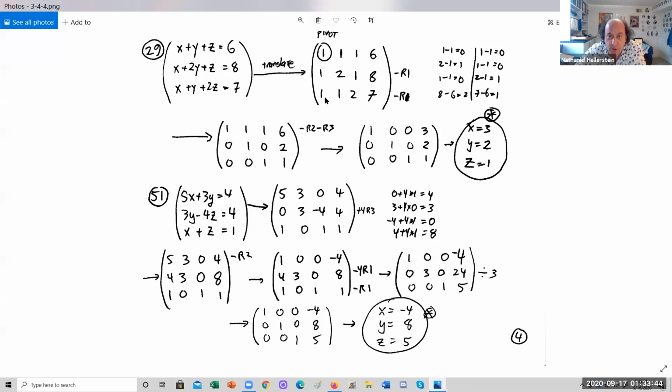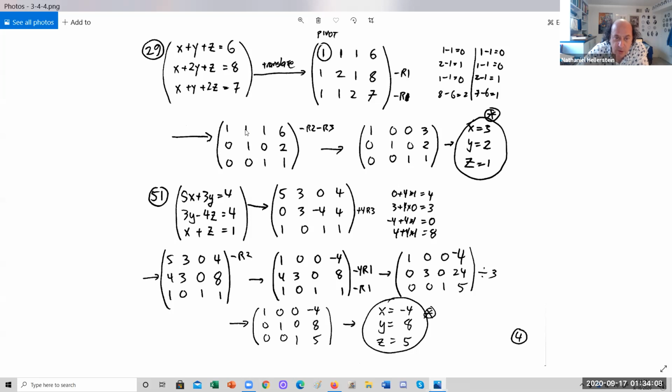For the third row, 1 minus 1 is a 0, 1 minus 1 is a 0, 2 minus 1 is a 1, and 7 minus 6 is a 1. Now, all right, this corresponds to saying y equals 2. This says z equals 1.